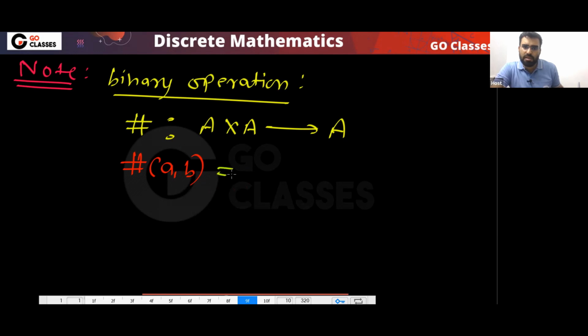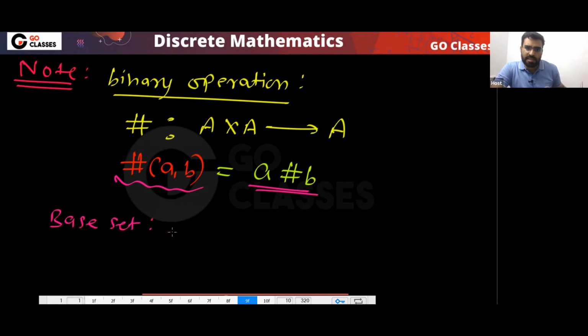Hash of a comma b is simply nothing but a hash b. And your base set is what? Can anyone tell me the base set here? The base set is A. So your structure is like this.